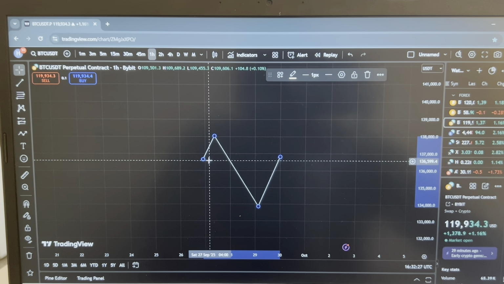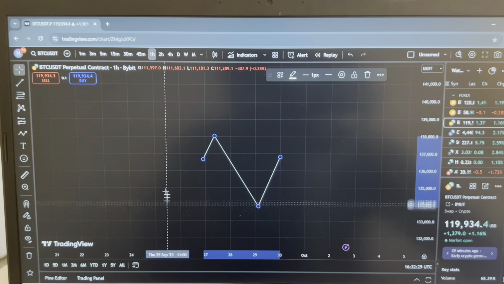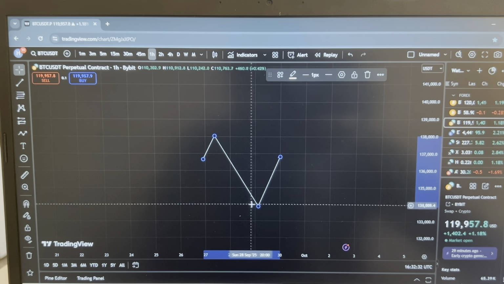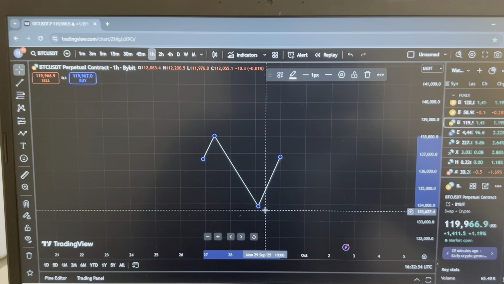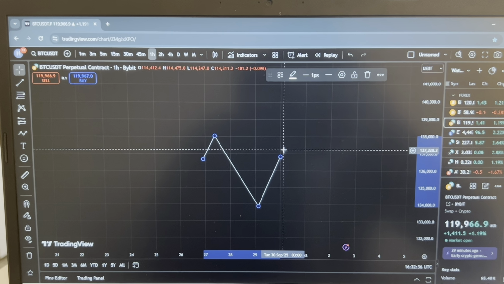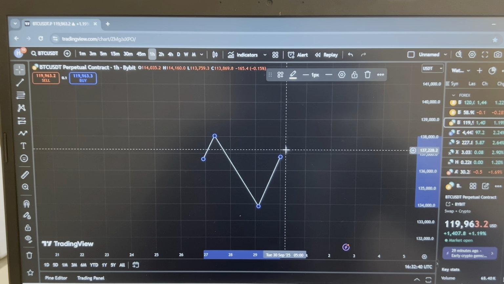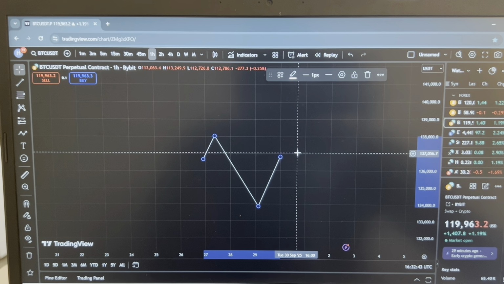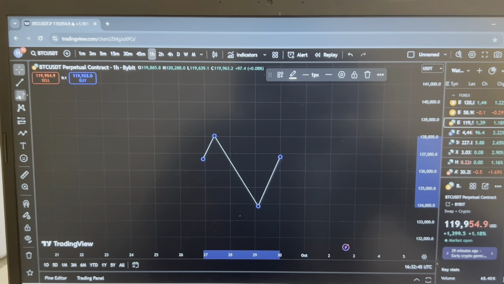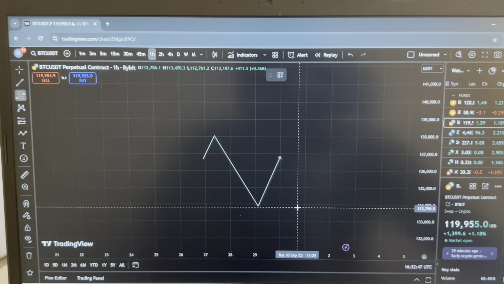Okay, so let's say that it was initially in an uptrend and now it has gone down, and then what we need to read is the uptrend scenario. We don't know how long it's going to continue the uptrend for, so that's why we're going to use the Fibonacci tool.